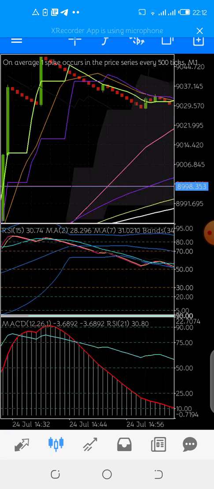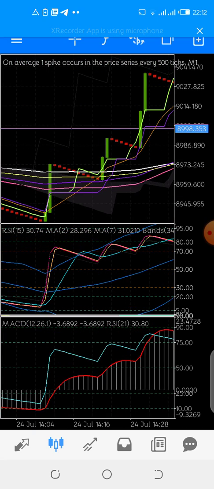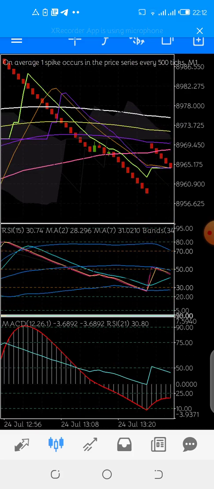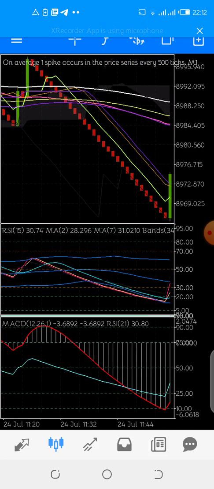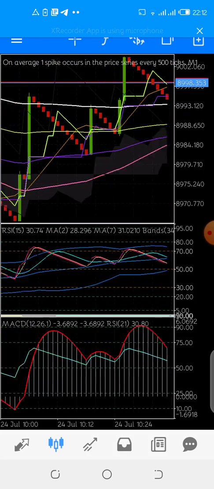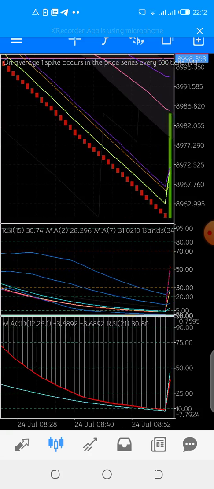Okay, on a trending market, you use Ichimoku and the TDI, but now on weak resistance areas like what we were doing, you use the MACD and the RSI 21.